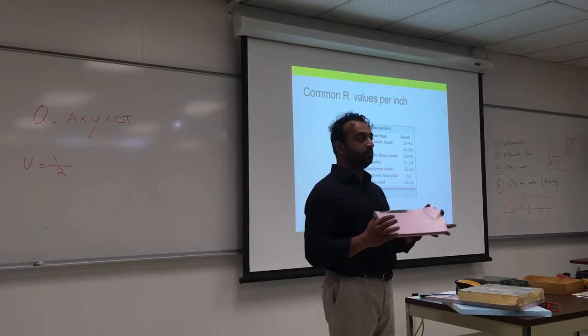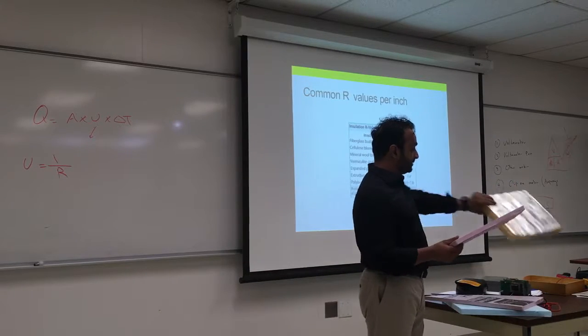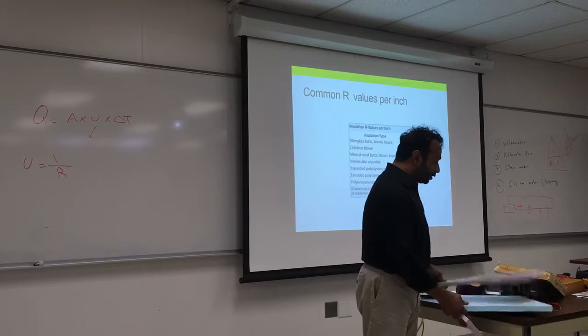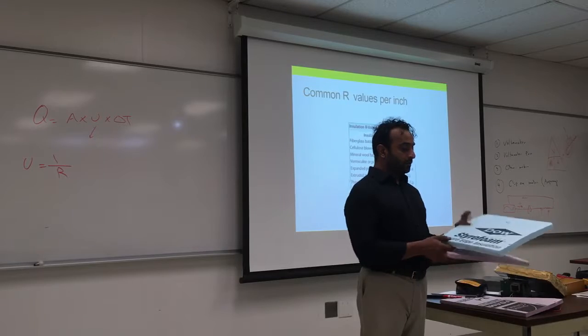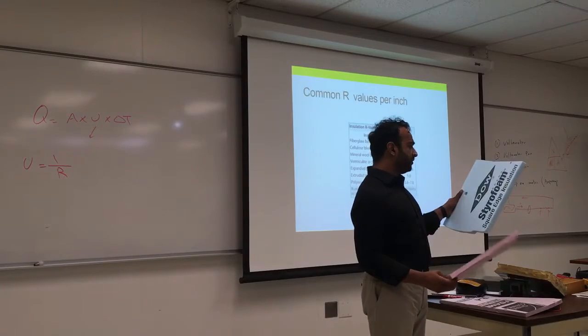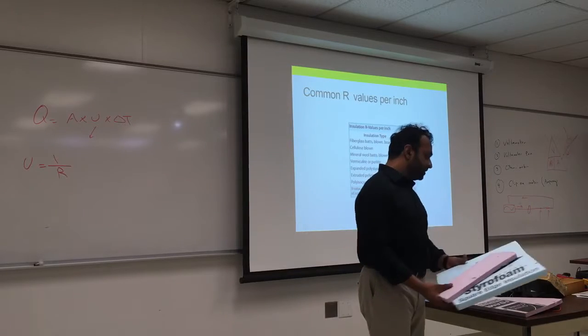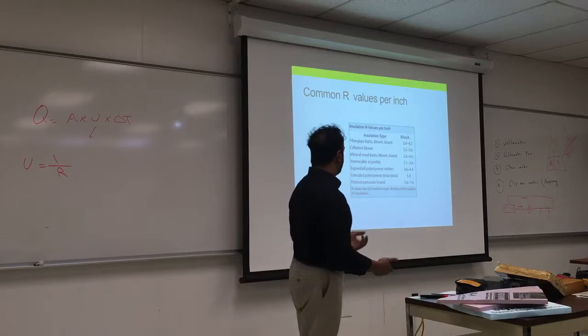You can cut them with an exacto knife. And this is the white one, polystyrene. And there's also polyethylene, which is a different kind of material. They all do the same. This one is around R4 or 6. This is 4. And again, there are other ones.